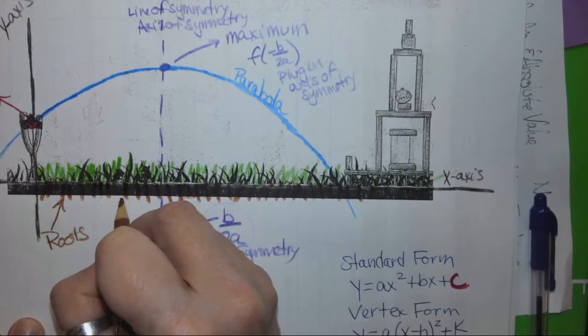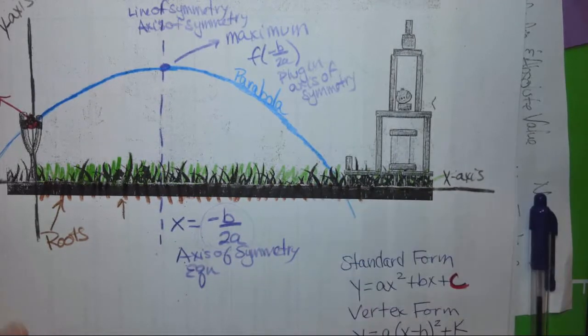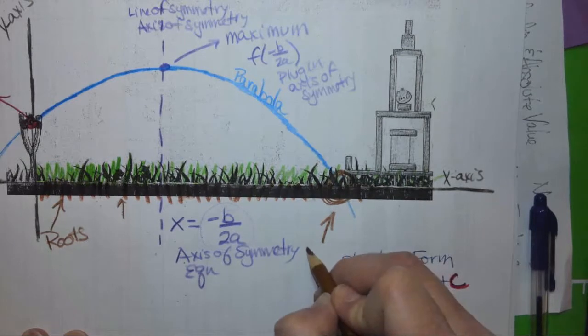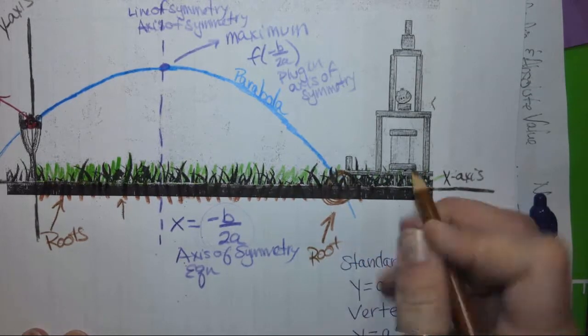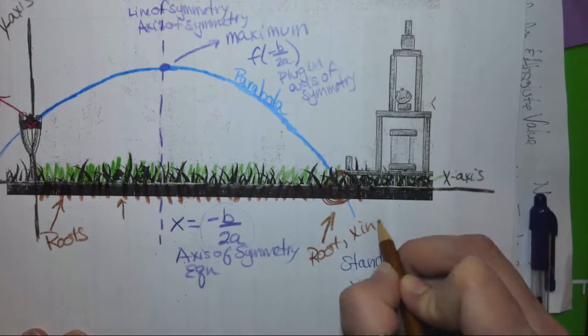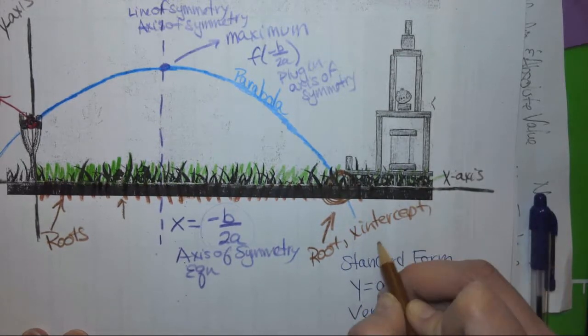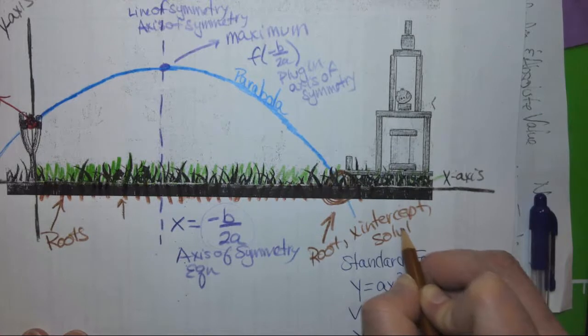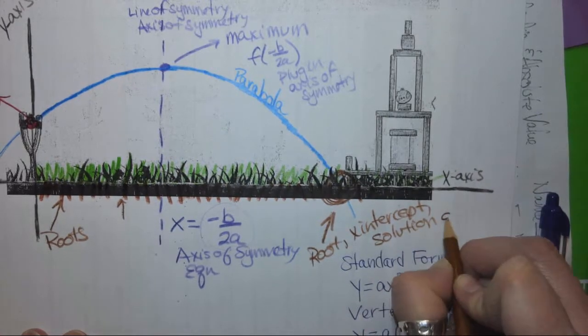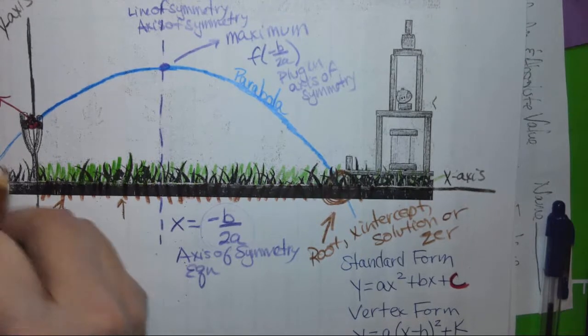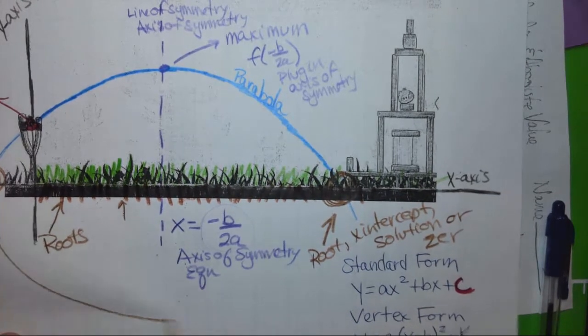Actually this point right here is considered a root, an x-intercept, a solution, or a zero. That point right there and that point right there.